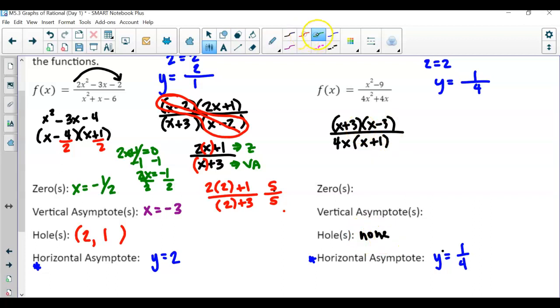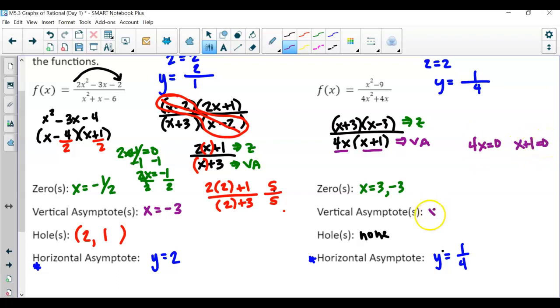That means here from the numerator, we have two zeros. x is equal to positive and negative 3. Then the vertical asymptote, we actually have two vertical asymptotes because we have two x's here. We have 4x and x plus 1. So that's like saying 4x is equal to 0 and x plus 1 is equal to 0.